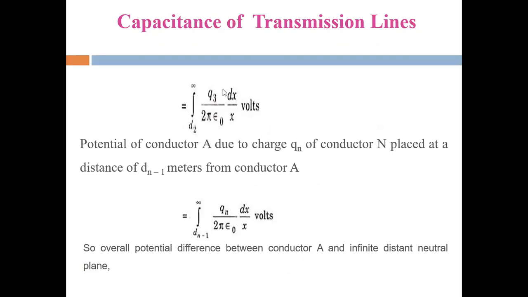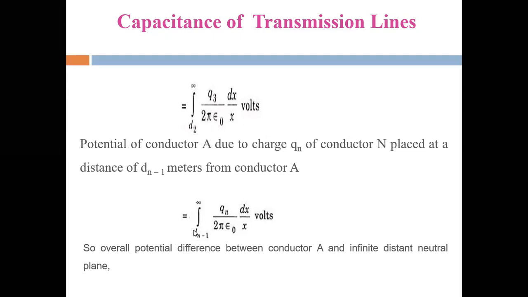What is the C conductor charge? That is Q3. So we take Q3 by 2 pi epsilon naught dx by x volts. And so on up to the N conductor. For the N conductor, we have the potential difference from Dn minus 1 to infinity.